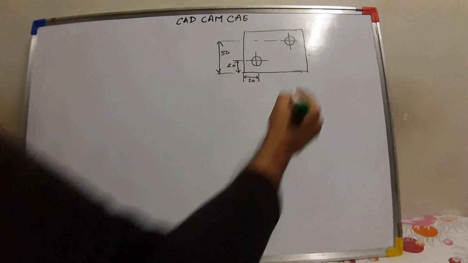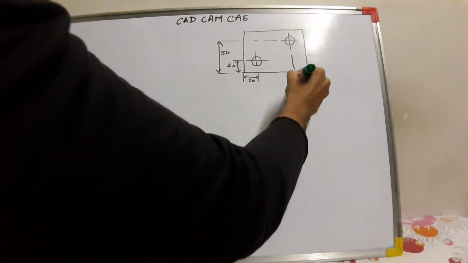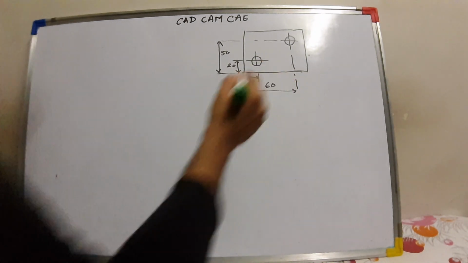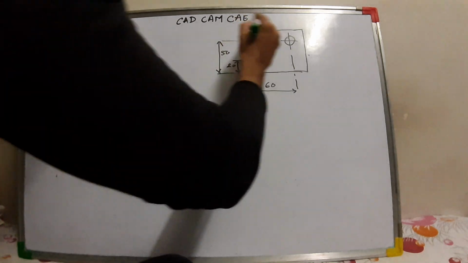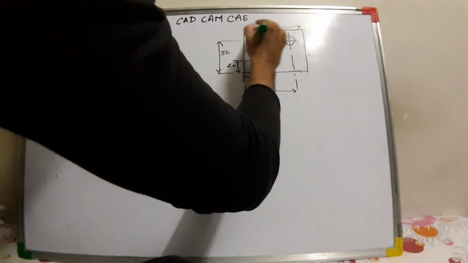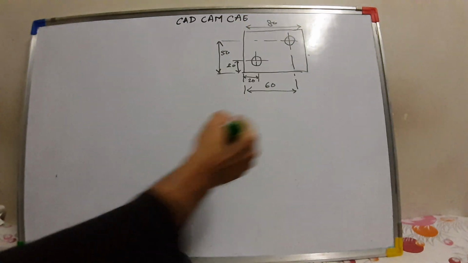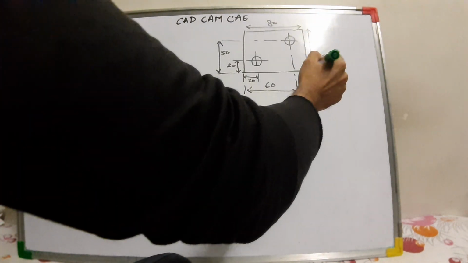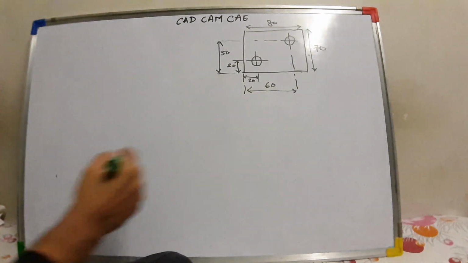All right, and this distance is 60. Okay, so this overall distance is 80, and vertical distance is 70.